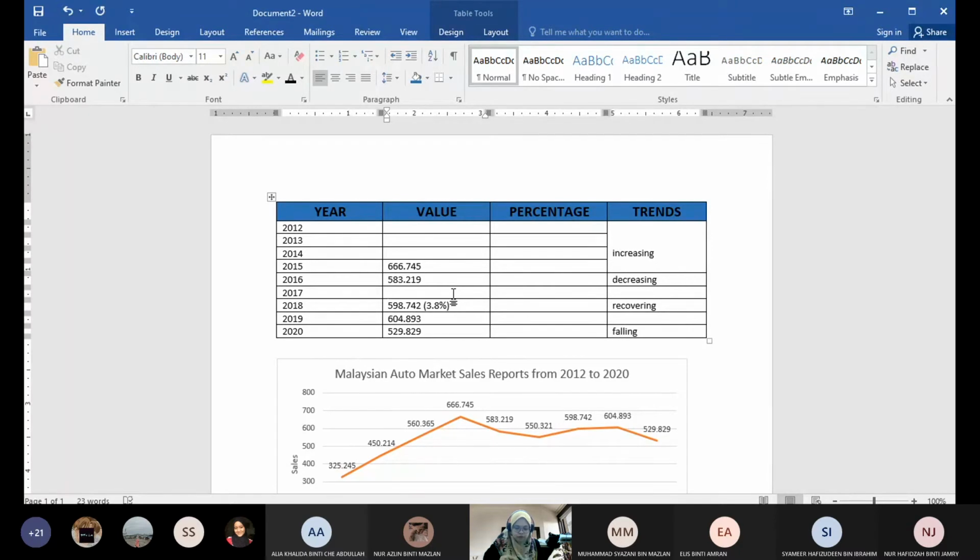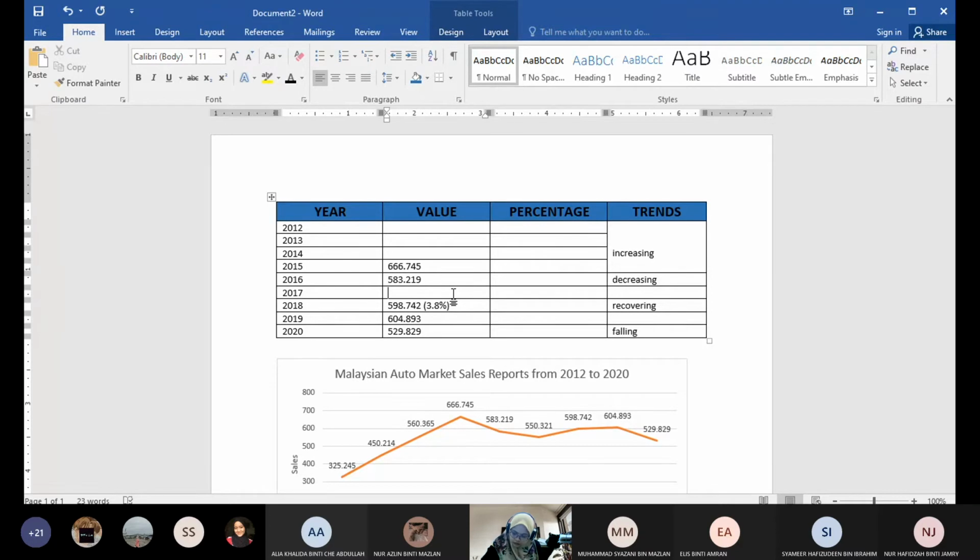Y tambah 3.8% sama dengan 598.742. Ada? You guys kira tak?